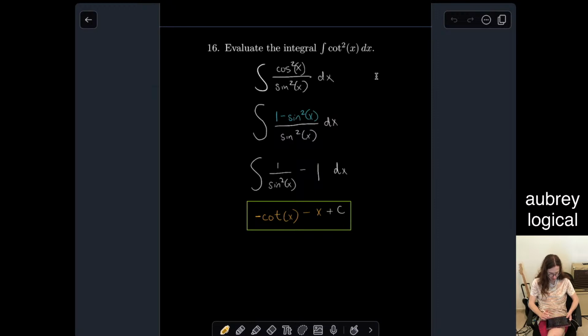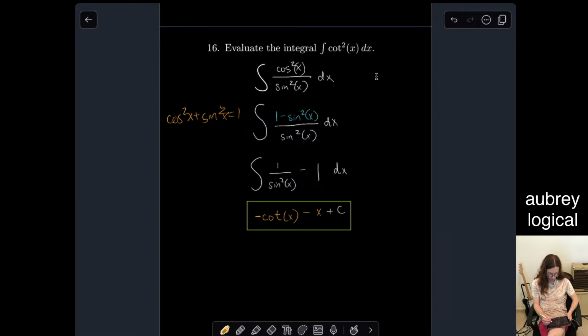Interesting. Okay, so I wrote it just a little differently this time. So I don't know if that would be right, because cosine squared of x plus sine squared of x is equal to 1.